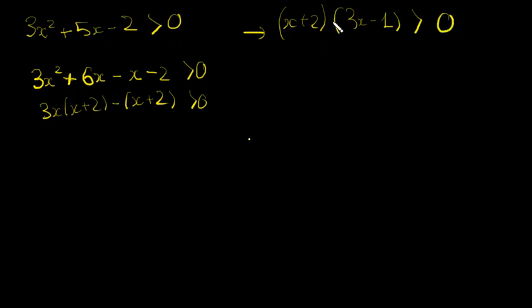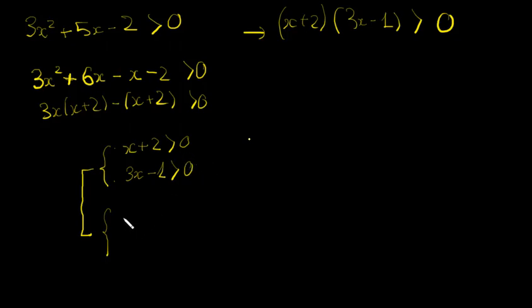When you have two factors multiplied by each other and it is greater than 0, you have to think about two situations. You should notice that the square bracket means that you can have either this one or this one, and this bracket means that you have to have both of these. So in the case of x plus 2 greater than 0 and 3x minus 1 greater than 0, both of them have to be greater than 0, so when they multiply by each other it is greater than 0.